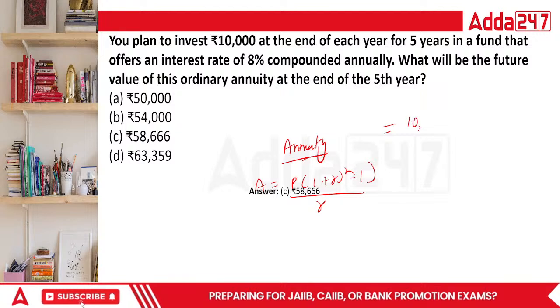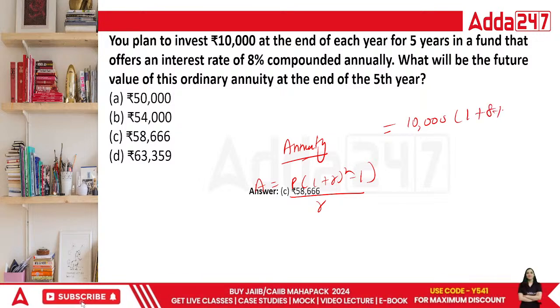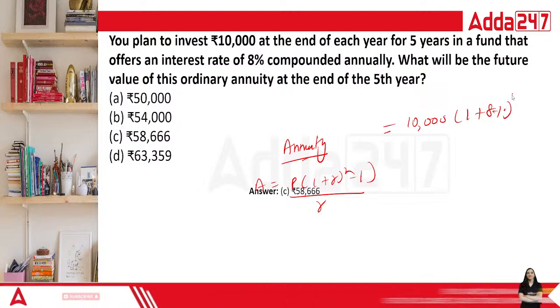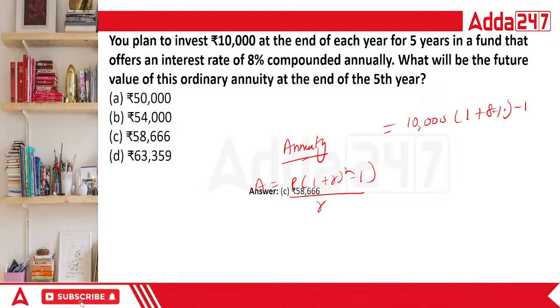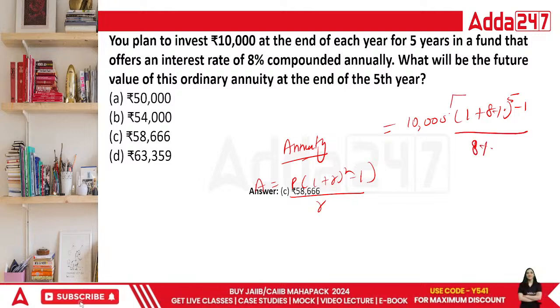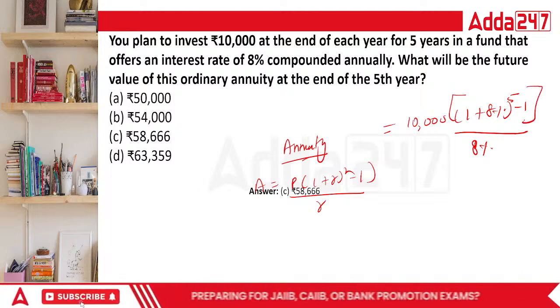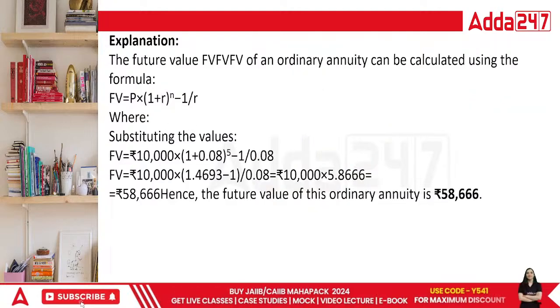You pick up this 10,000 and you pick 1 plus 8% there, raised to power 5 minus 1, divided by your r, 8%. Done? The answer is 58,666.